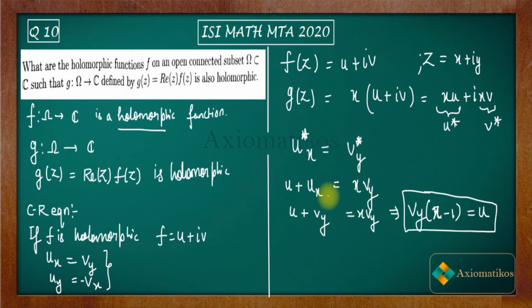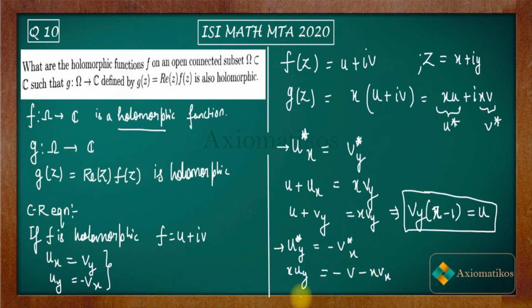Now let us use another equation, that is u star y should be minus v star x. This is the Cauchy-Riemann equation. This is the first one, this is the second one. So u star y, differentiating partially with respect to y, you will get this. On the right hand side you have to partially differentiate with respect to x, so you have to use the product rule. You will get v minus x v_x.